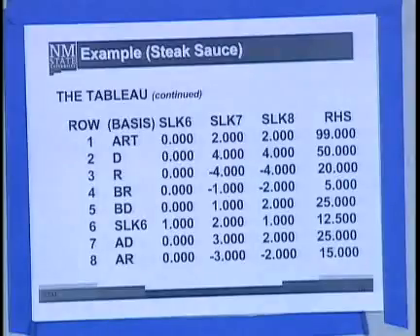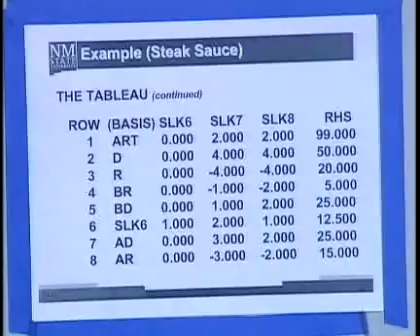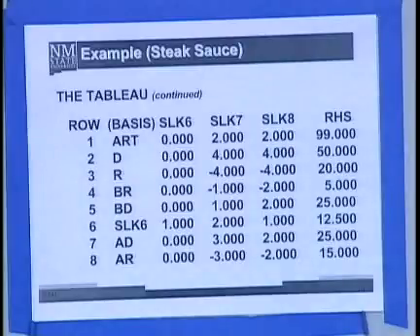Sorry, because of the size of the font, I've divided this one table into 3. Because we know this is an optimal table, we need to decide if this LP has an infinite number of optimal solutions or exactly one optimal solution, right?